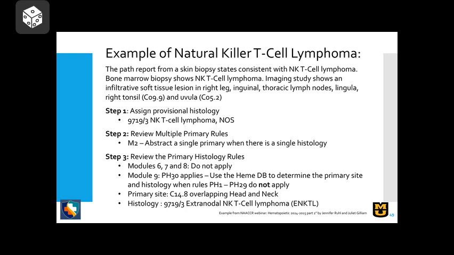Use the Heme database to determine the primary site and histology when rules PH1 to PH29 do not apply. So the primary site would be C14.8, overlapping sites of the head and neck. The histology would be 9719/3, extranodal NK T-cell lymphoma.